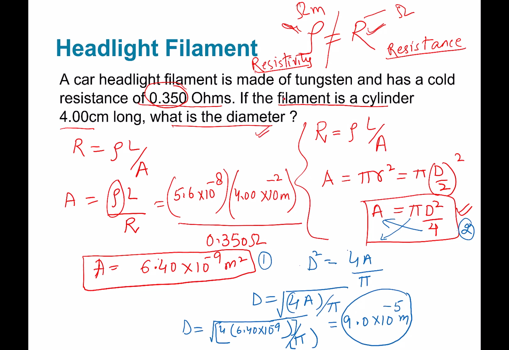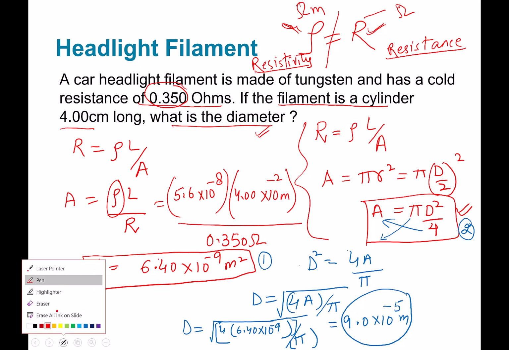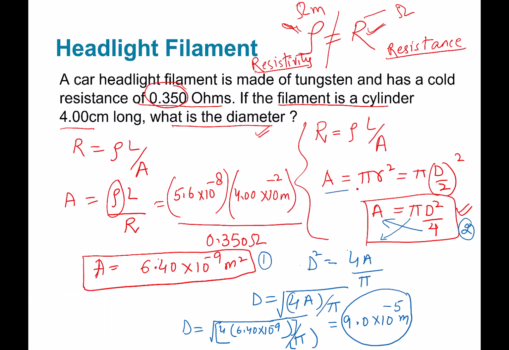We have been given resistance and the length of the conductor. Because it's a cylinder, we can use the area of cross section, which is pi r square. But since we are looking for diameter, r is d by 2, so r square becomes d square by 4.